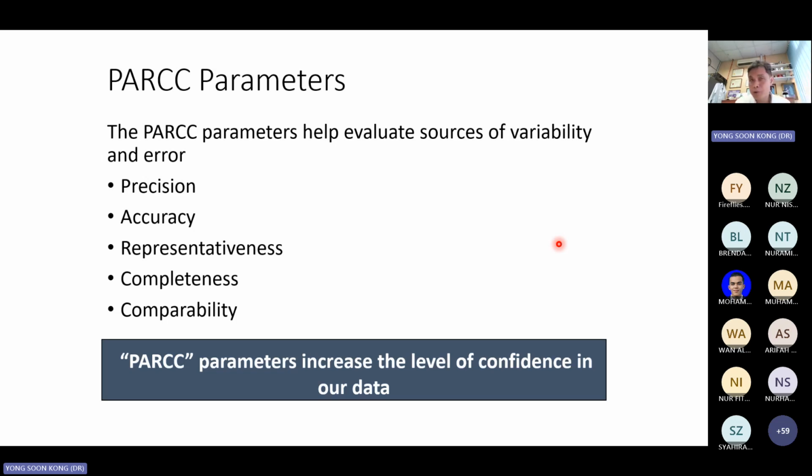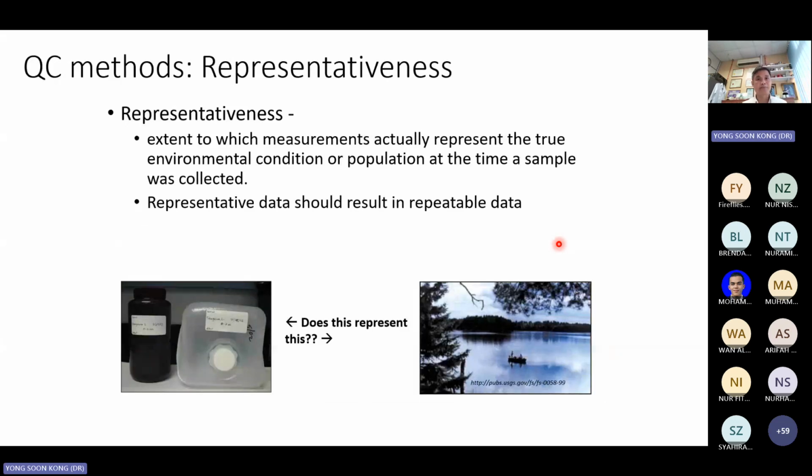You can rely on those data because you trust that based on the QA and QC program, you meet all 5 parameters, and you can trust the data that you have analyzed and generated from the samples that you collected.